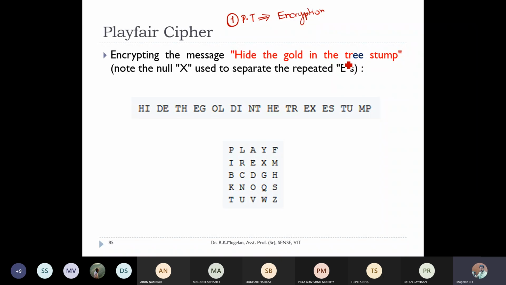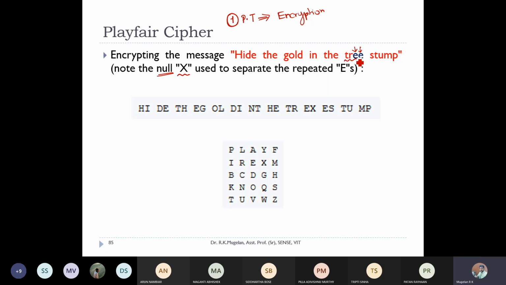In this example, you can see there is a word tree where the two characters E are repeated continuously. When there is a continuous repetition of letters, you have to separate these two letters by inserting X between them. This X is called a null value. You insert a character X between these two E's.